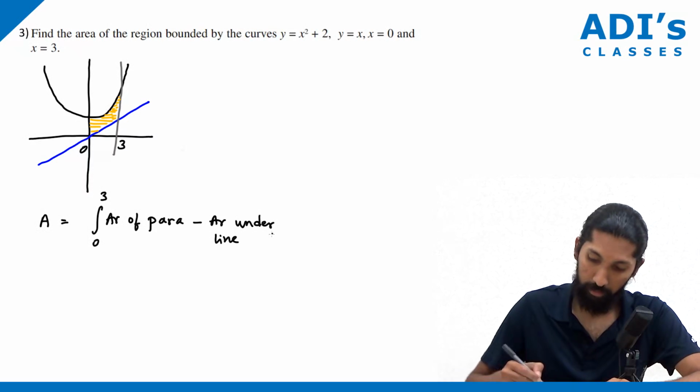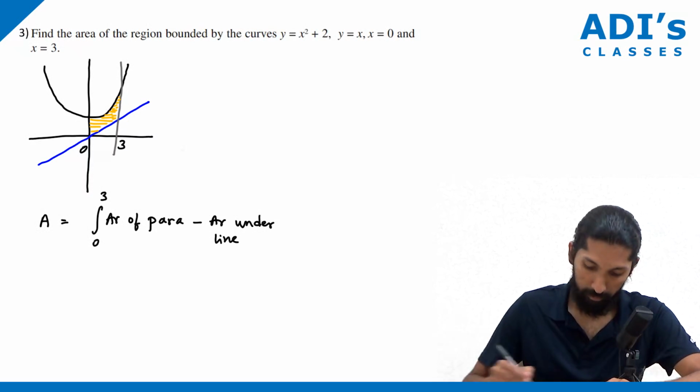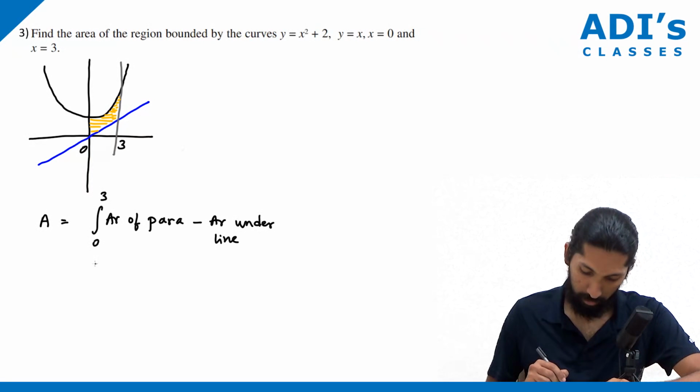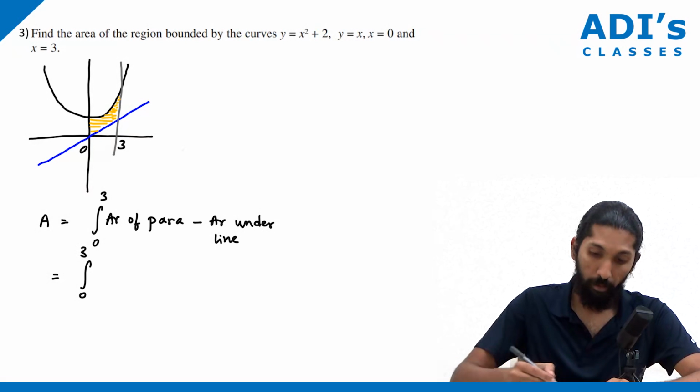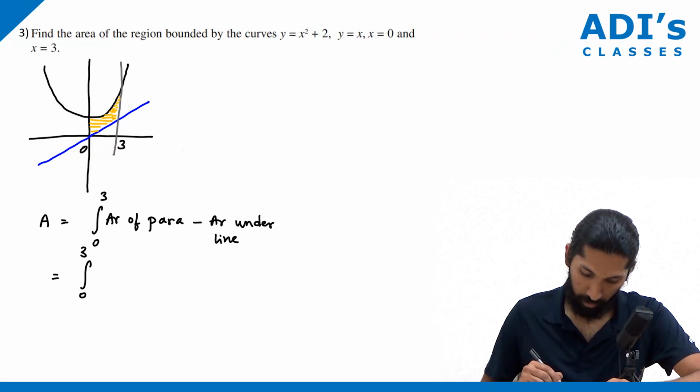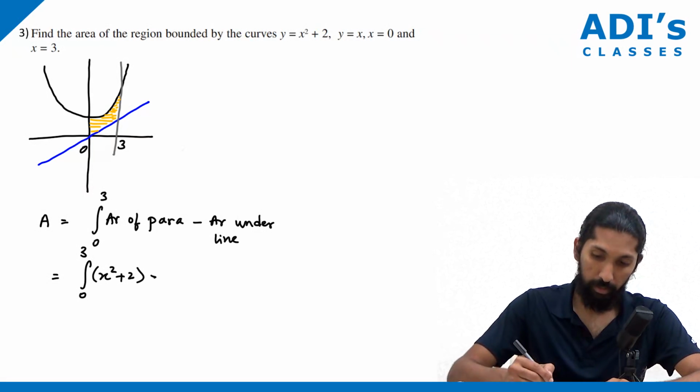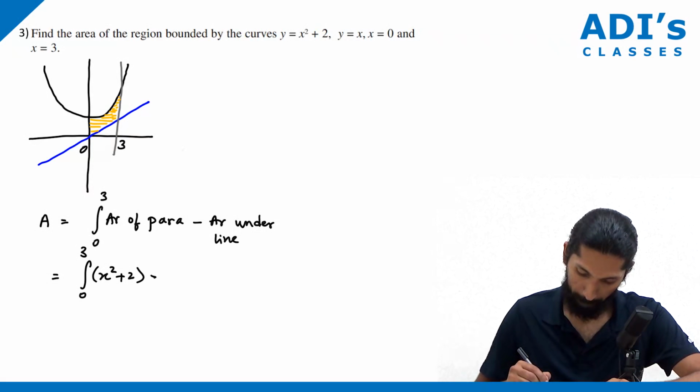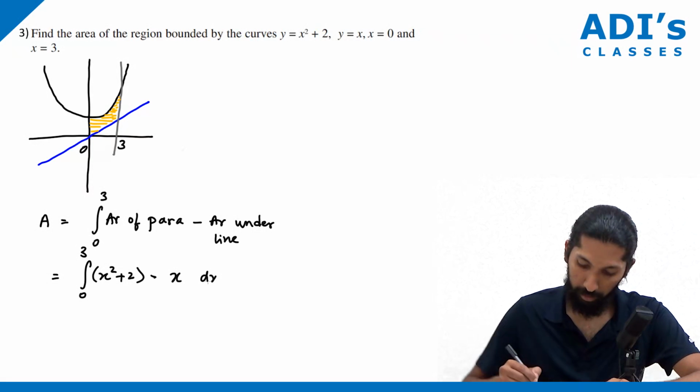All right. So the area of the parabola is going to be the integral 0 to 3 of the y value, right? x square plus 2, minus the next value, which is x. Y is equal to x, right?